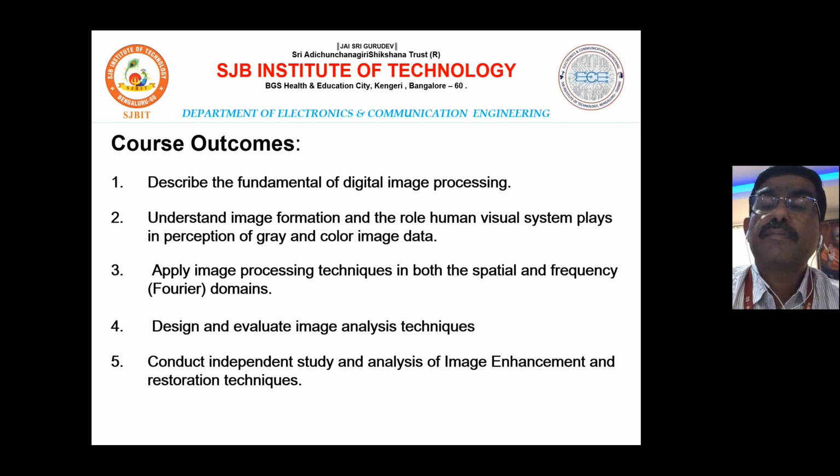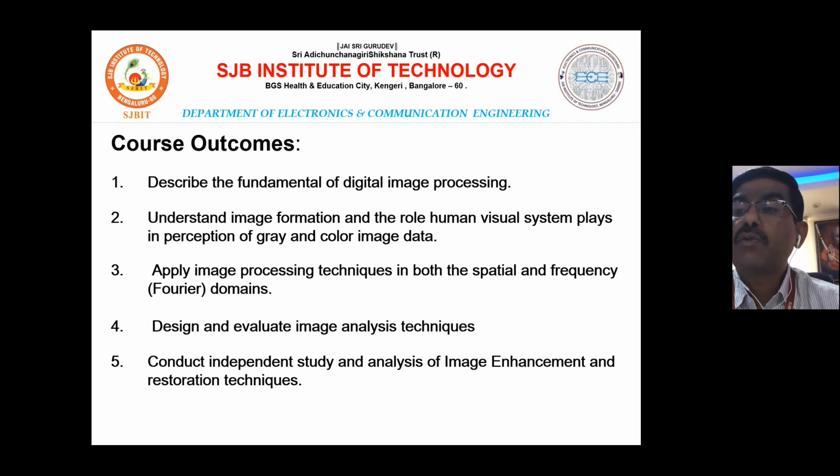And similarly, the third course outcome, apply image processing techniques in both spatial and frequency domain. In module 2 and module 3, I explained about the enhancement techniques. In the enhancement, we have spatial and frequency.